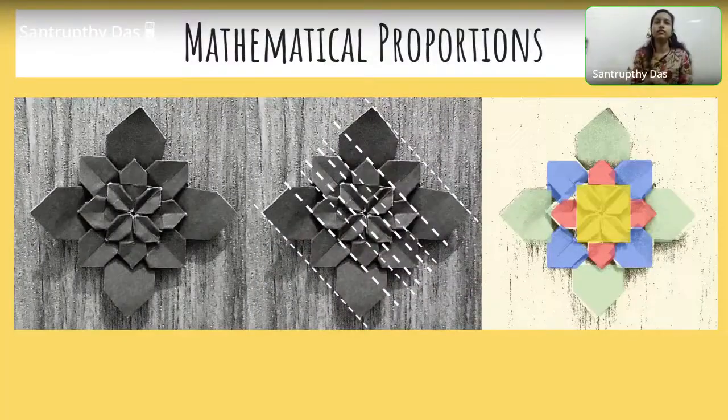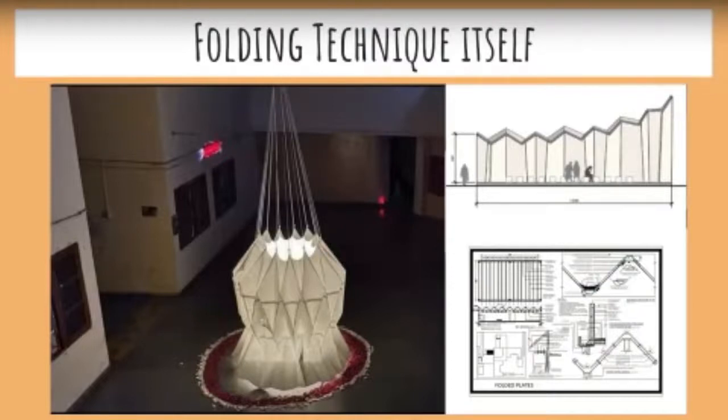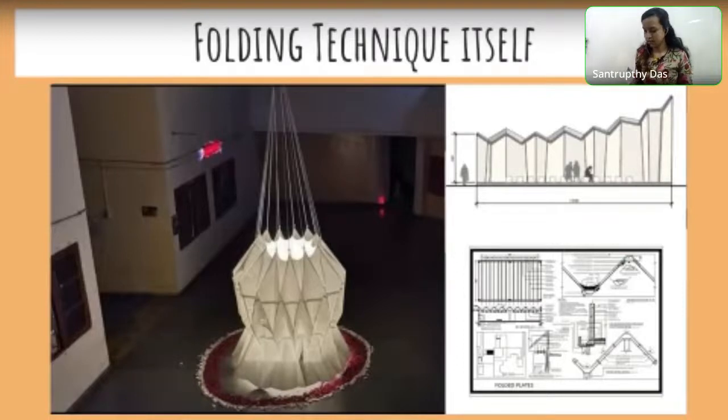Lastly, the folding technique itself, which means in the construction itself, not just in design, but in the final construction, we are using a sheet-like material and folding that sheet to create the final model, right? So here you can see that actual construction drawings can be made for these folded plates. Details can be figured out.